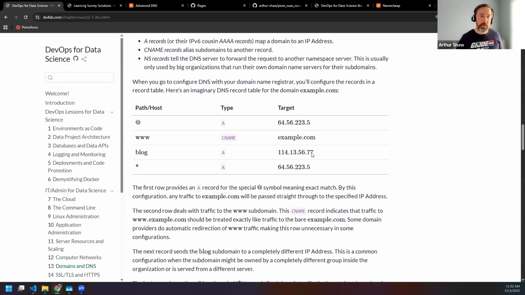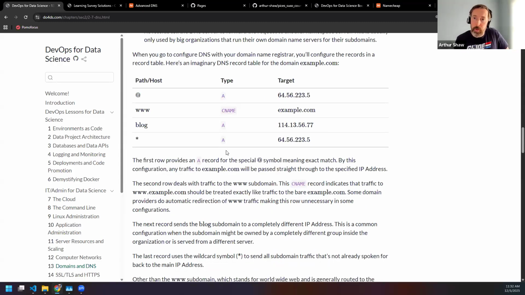Let's say you go to Google Drive or Gmail and so on. It's all part of google.com, but they have their own subdomains, and you want traffic routed to a different server depending on which thing you hit. That was my understanding of this, but perhaps that understanding is wrong.